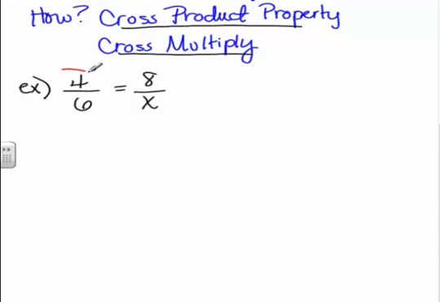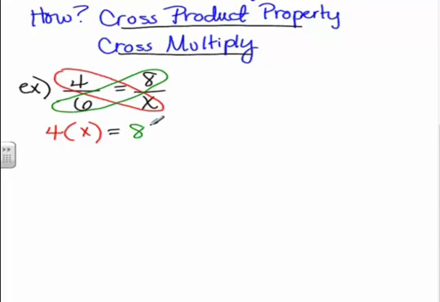So what happens? We take these two terms here and multiply them together. So what's being done? 4 times x equals, we take the other side, 8 and 6, and we multiply those together. Hence the term cross multiply.